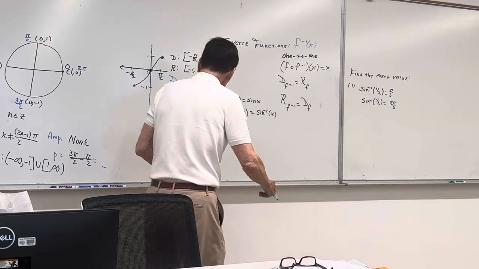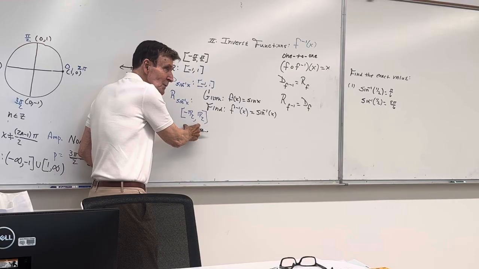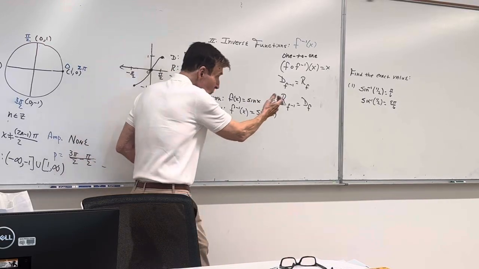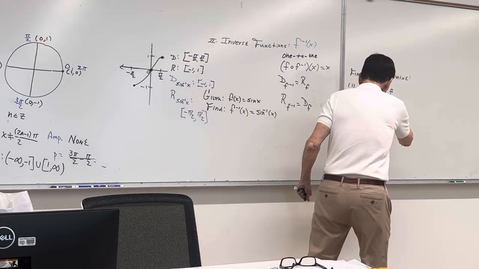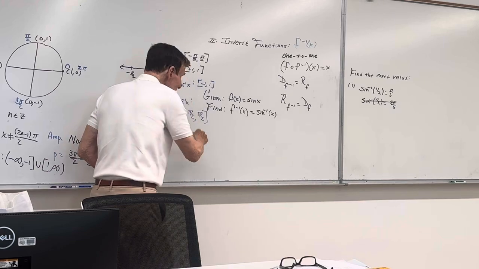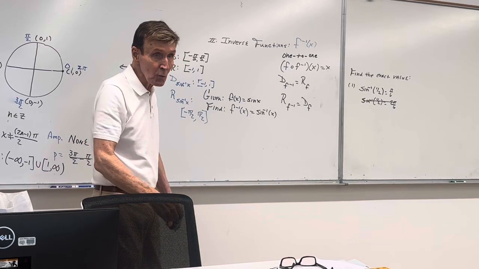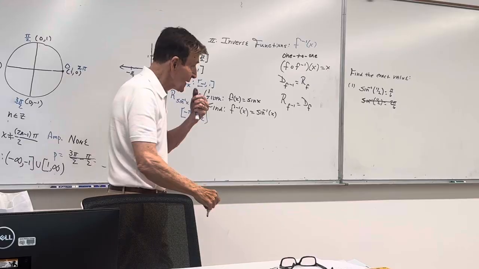Does it fall within this restricted range? This is between -90 and +90. Is 150 caught between? No. Even though it works on the unit circle, I cannot accept it because it does not fit this restricted interval. That's why there's only one answer, and there should be only one answer. This is 1-to-1. Next one.